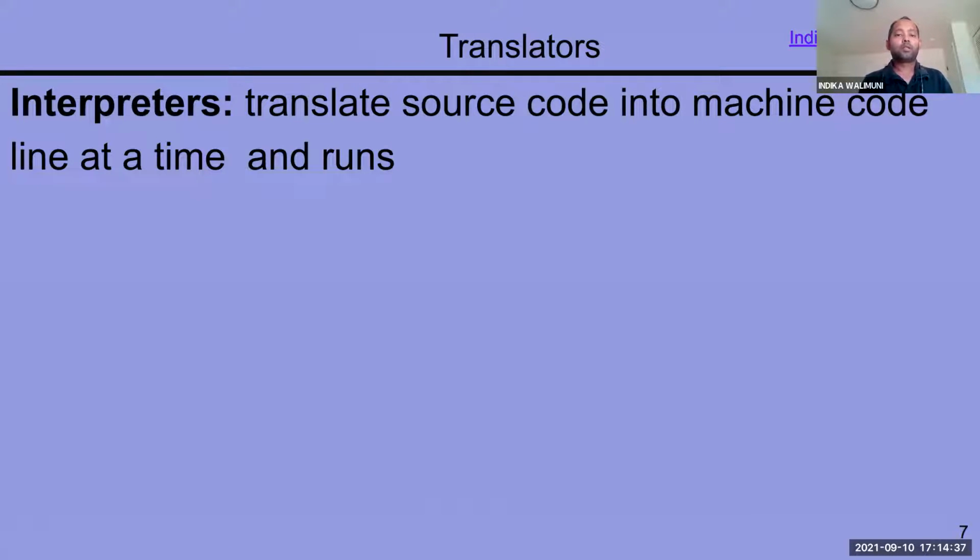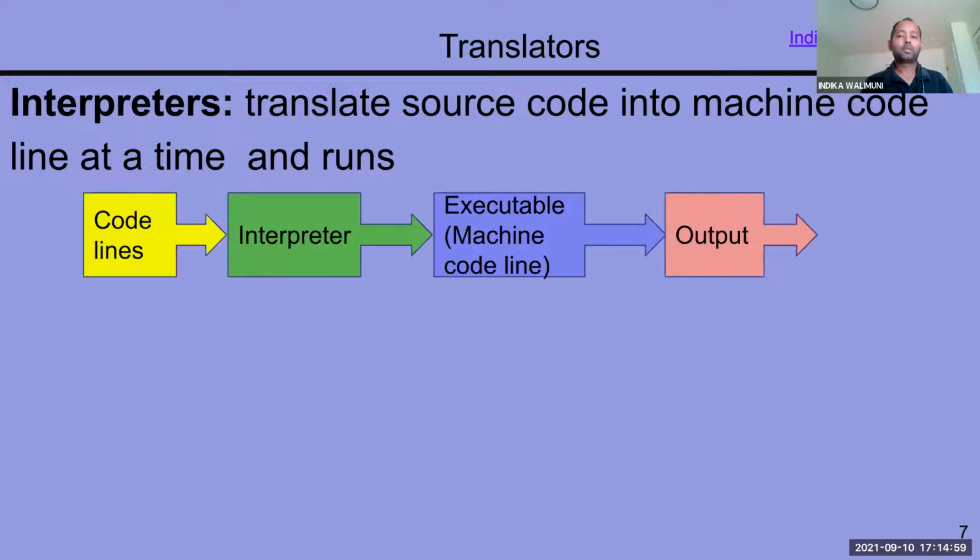So here are the translators. Interpreters translate source code into machine code, one instruction at a time, one line at a time. They translate it and then run it. So take one line at a time, translate it into machine code, and then run that code. That's interpreters. This is the picture of an interpreter's flow.